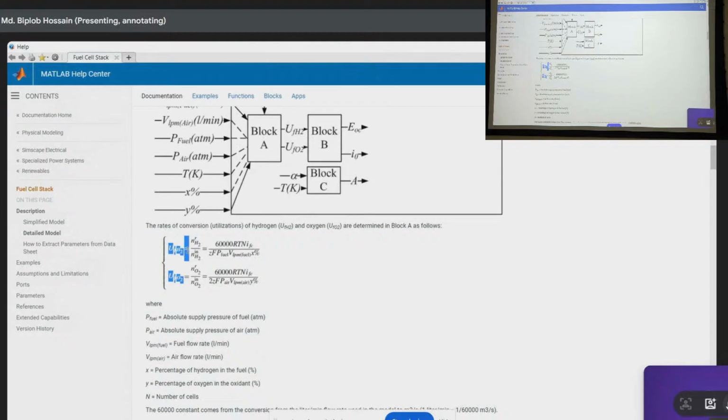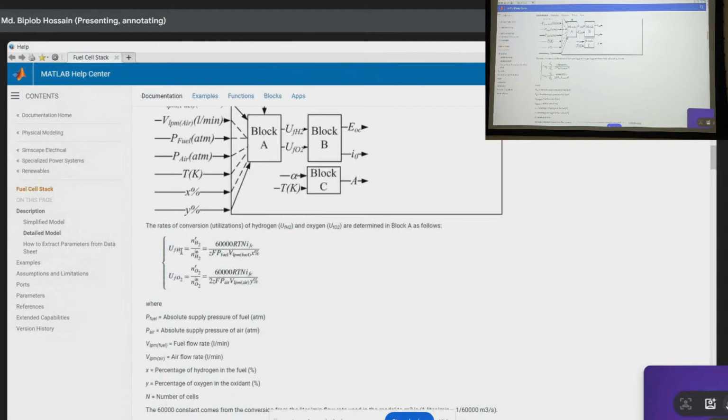This is the equation for the utilization factor. For example, for a battery, we know the term SOC, state of charge. Basically, we use a battery within a manufacturer specified range, like 10% SOC to 90% SOC, or 50% SOC to 70% SOC. In the same way, we have to define the fuel utilization factor here.